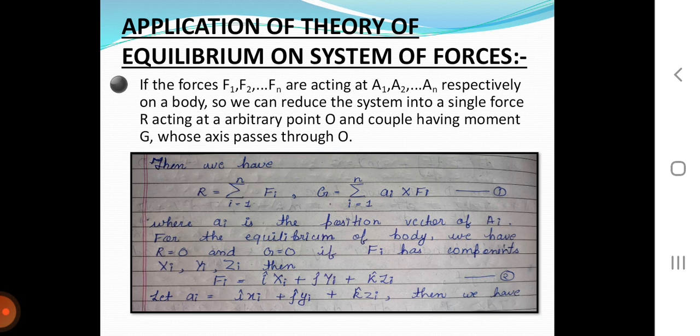For the equilibrium of the body, we have R equals 0 and G equals 0.